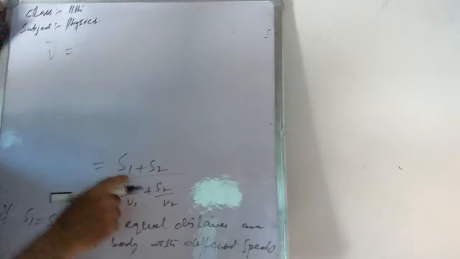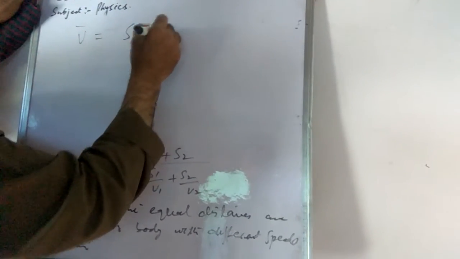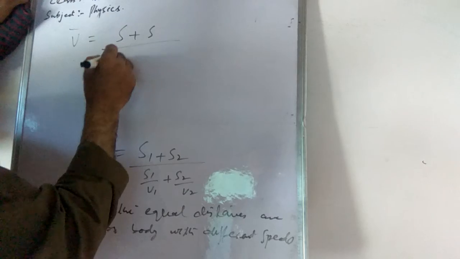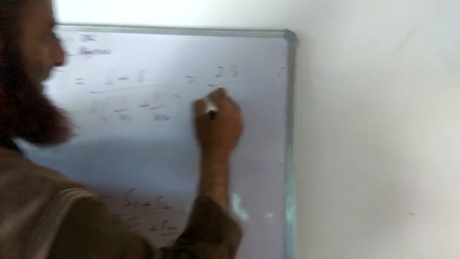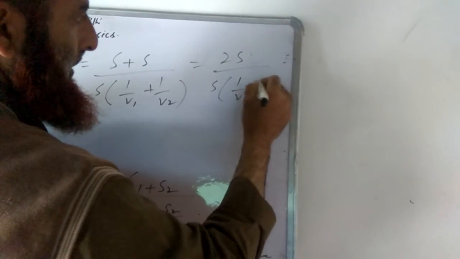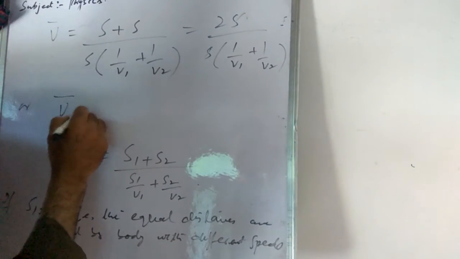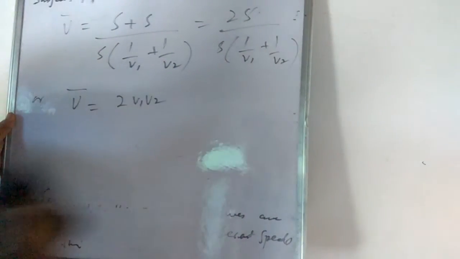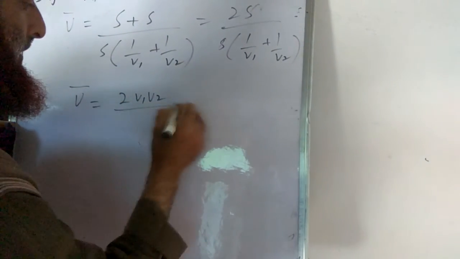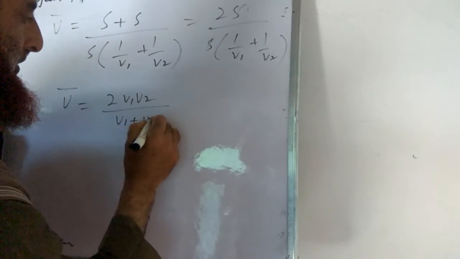Then V bar is equal to, now s1 is equal to s2, s plus s divided by, taking s common, 1 by v1 plus 1 by v2. It will be 2s divided by s times 1 by v1 plus 1 by v2. s cancels, and we obtain twice v1 v2 divided by v1 plus v2.